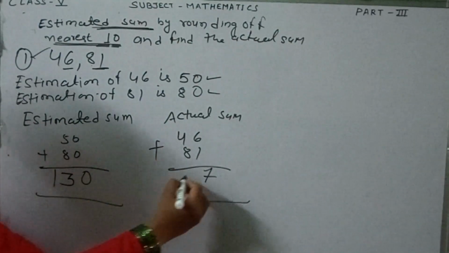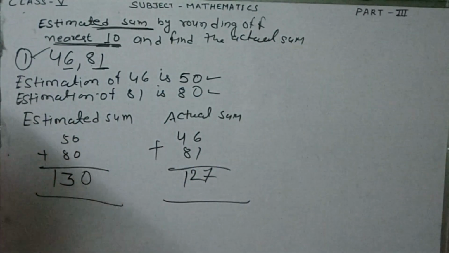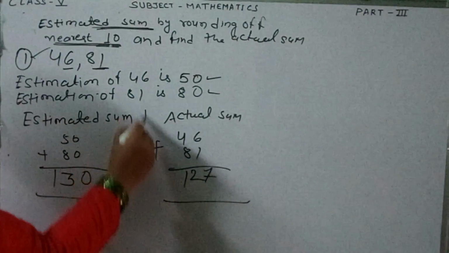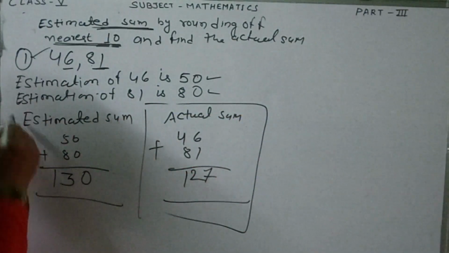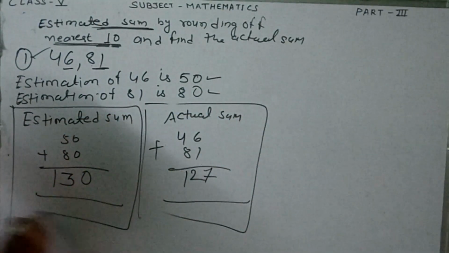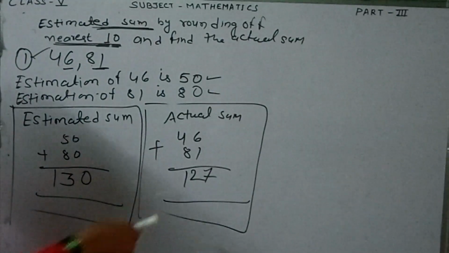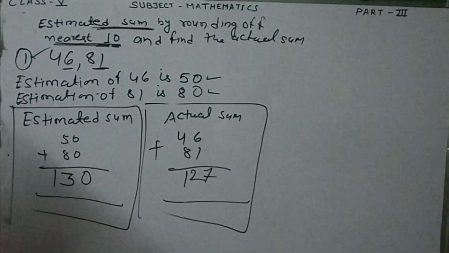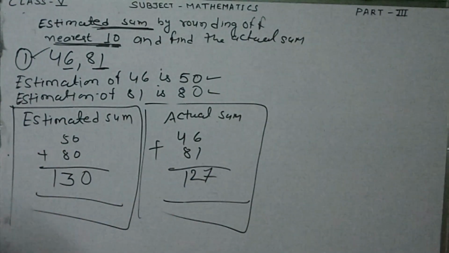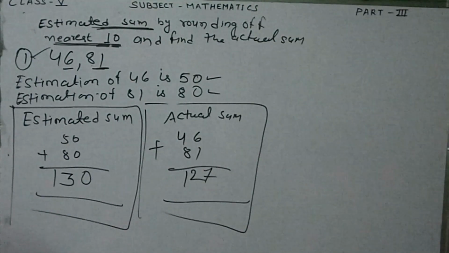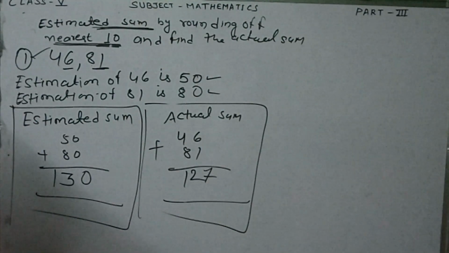And 8 plus 4, 12. This one is the actual sum and this one is the estimated sum. If you see the numbers and compare, what is the difference there? Same way you have to find out nearest 100 also. In case of nearest 100 you have to check the value of tens.